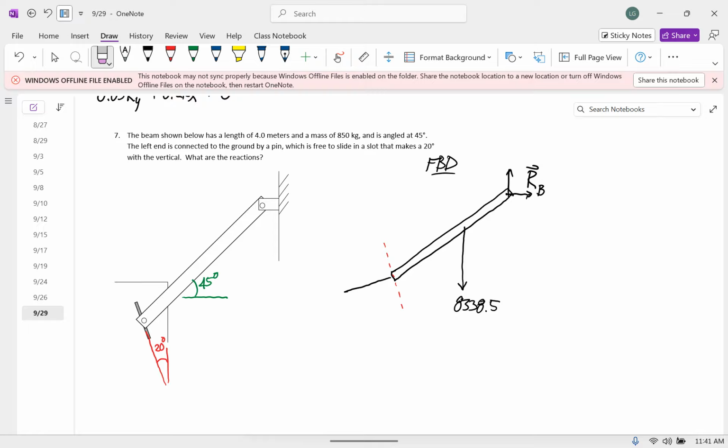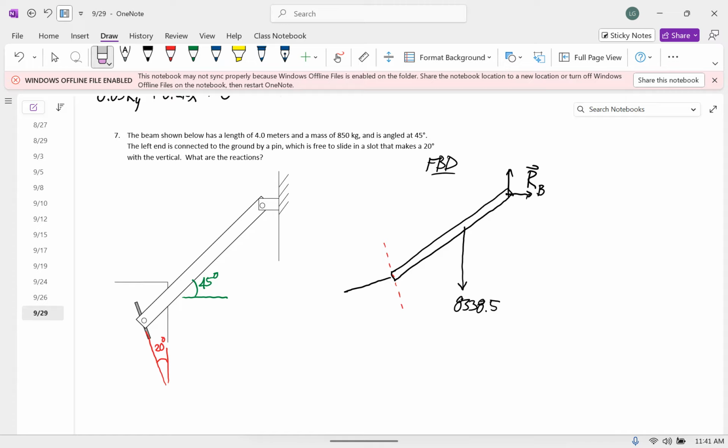I'm trying to figure out which degrees of freedom are limited by a pin and slot joint. So it can't go perpendicular to the slot. So there's definitely a force perpendicular to the slot. It can slide along the slot, so there's no other force component there.